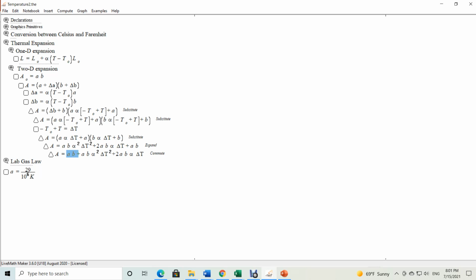See this term A, multiply it by this other term B. Then we get this second term here in terms of delta T, 2AB alpha.